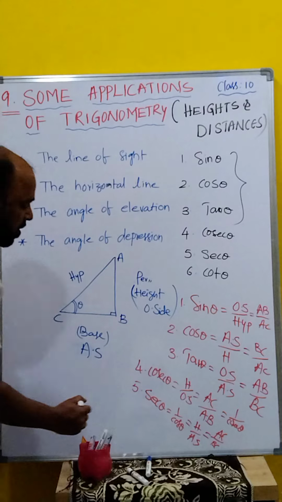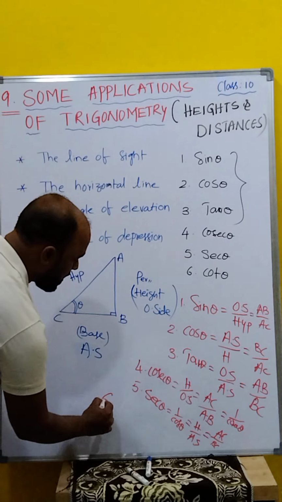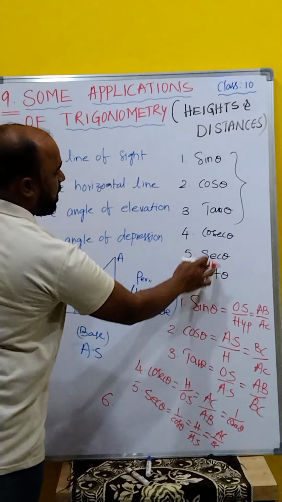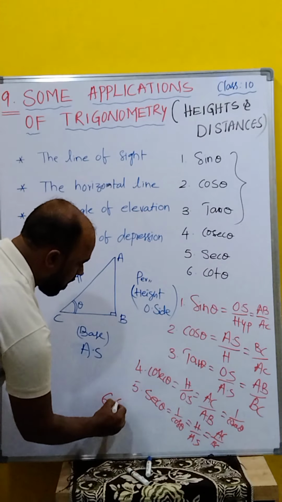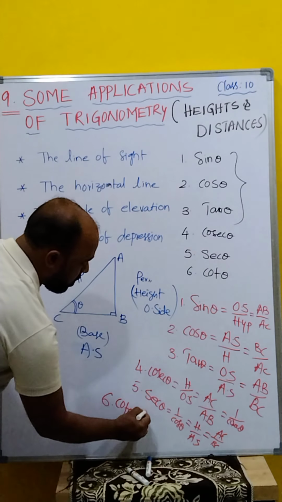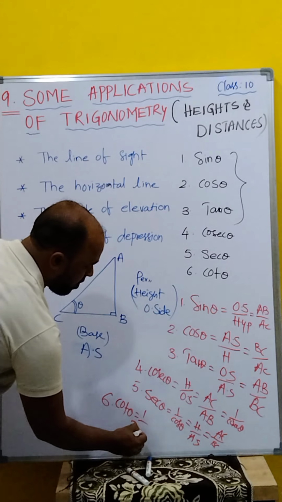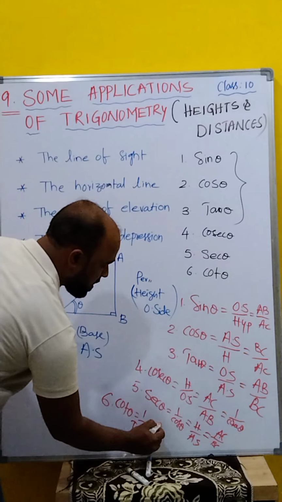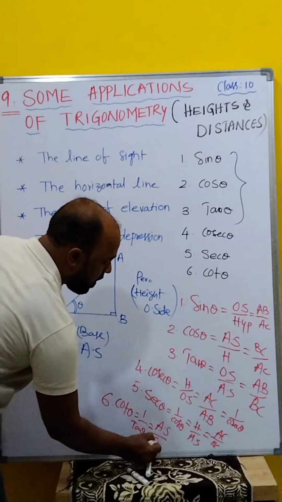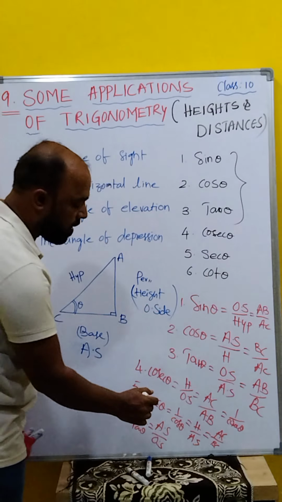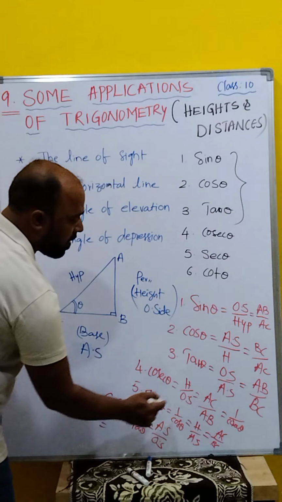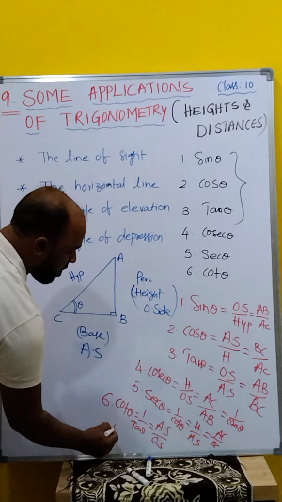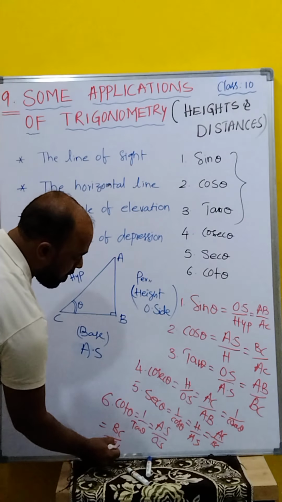And the last reciprocal, the sixth one, cot theta, is the reciprocal of tan theta. Cot theta is equal to 1 by tan, the opposite of this one, AS by OS, adjacent side by opposite side. Finally, BC by AB.